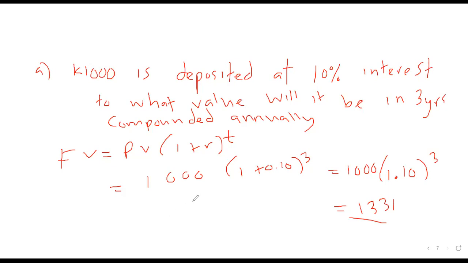Yes, that's what I found also. Okay, that's what you found as well. So 1.1 to the power 3 is what? It's 1.331. All right. So this is the amount we're going to get after 3 years.